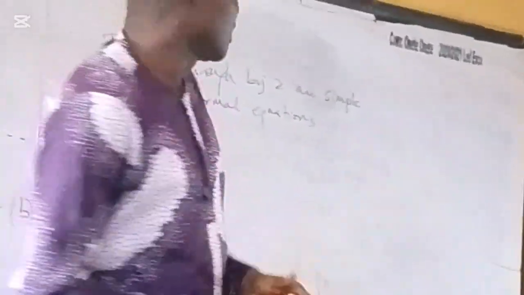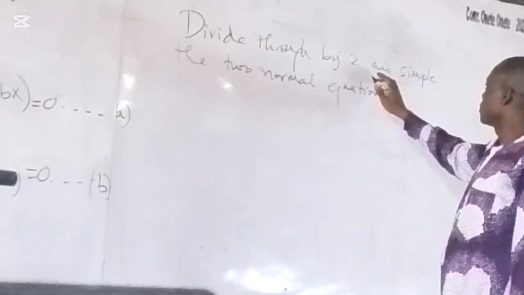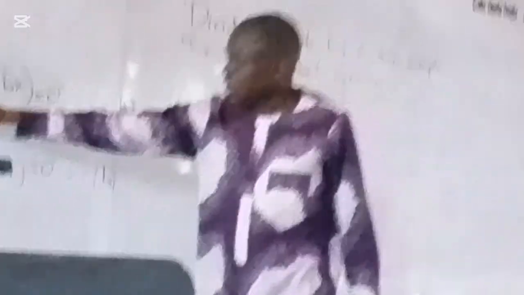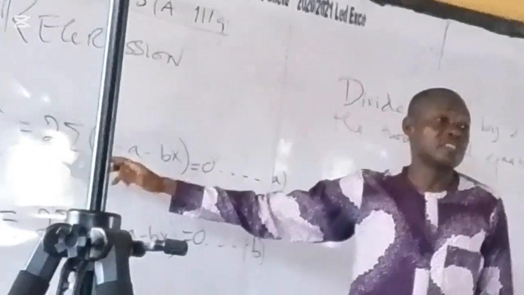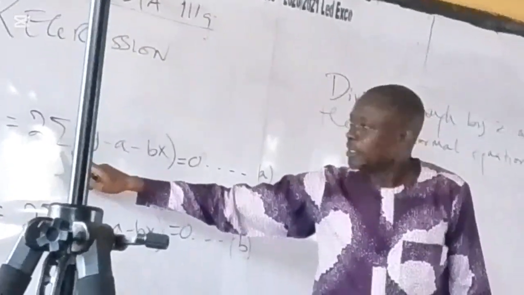Are you okay? Here we are going to divide the two normal equations by 2 and simplify. If you divide by 2, that one is gone. Now, where I say you should pay attention for the simplification is this. We are summing.